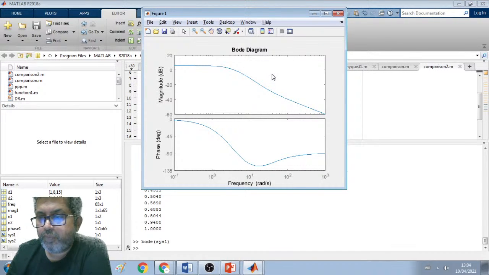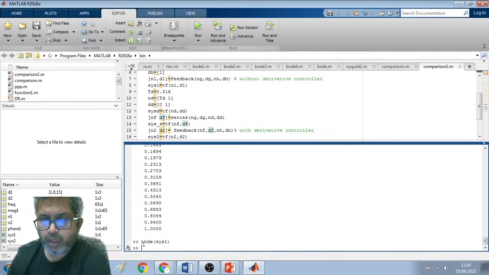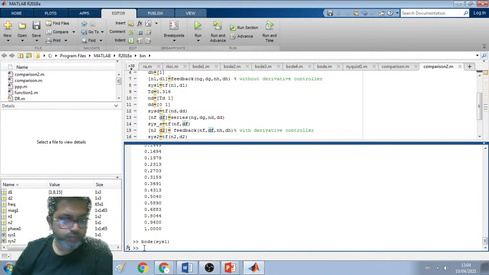So let us compare minimum stability margin. Closed loop system stable. Don't need to compare this magnitude and all that.